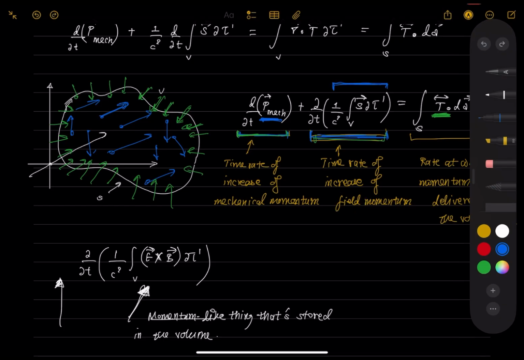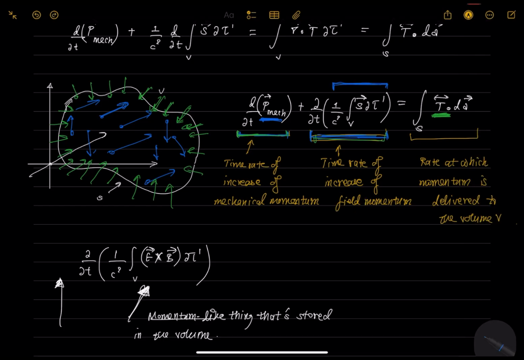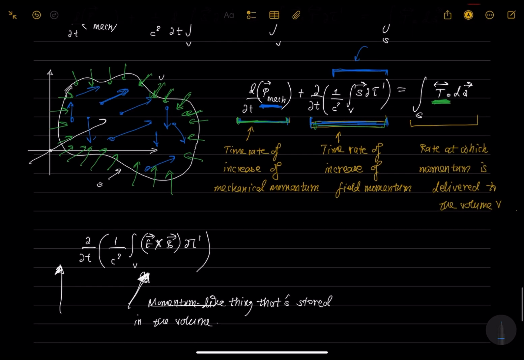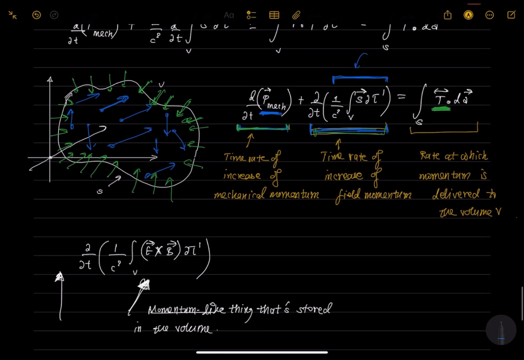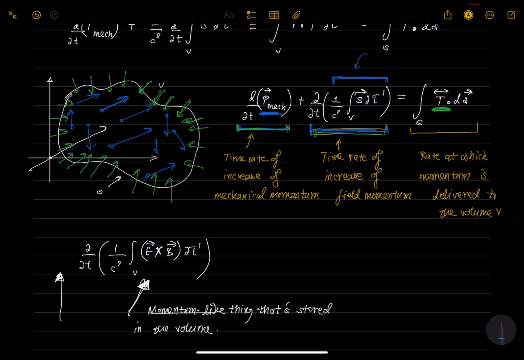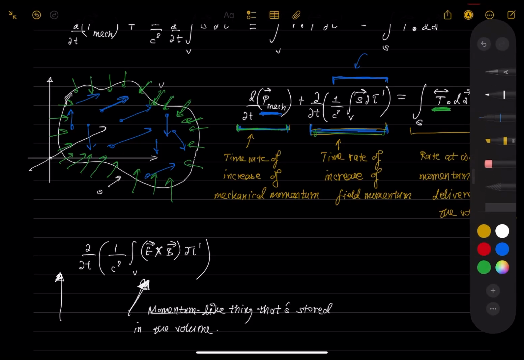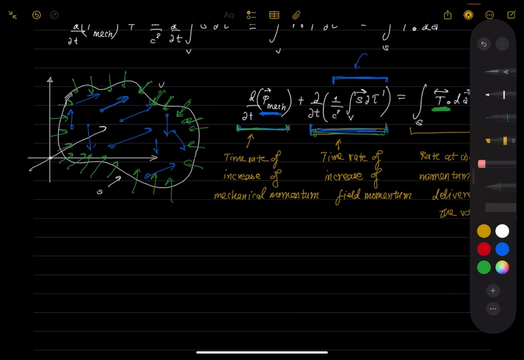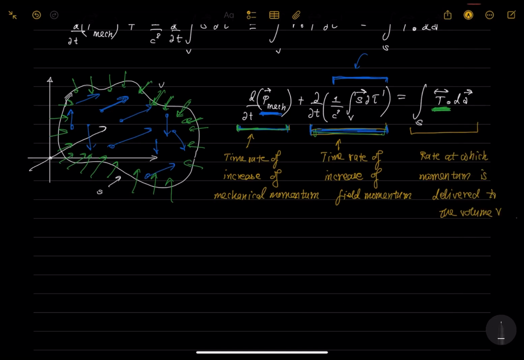That's the momentum stored in the field itself. So that's the interpretation of the whole momentum continuity equation. We call this the continuity of momentum equation.